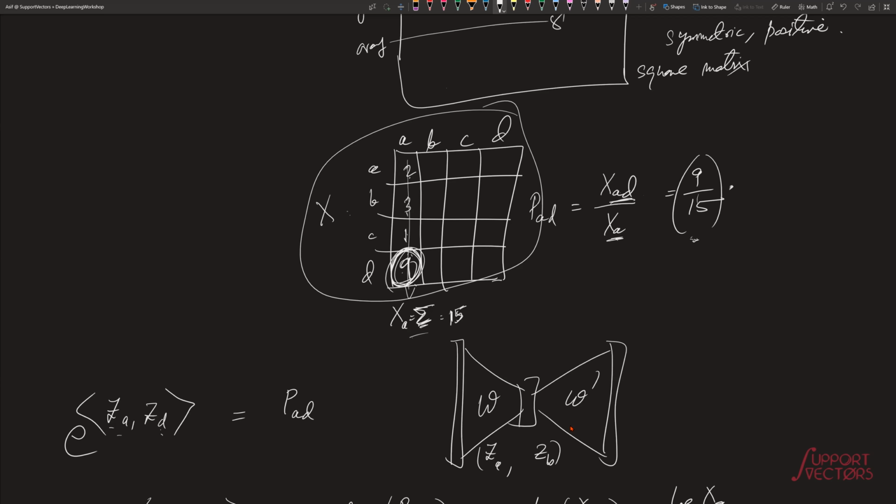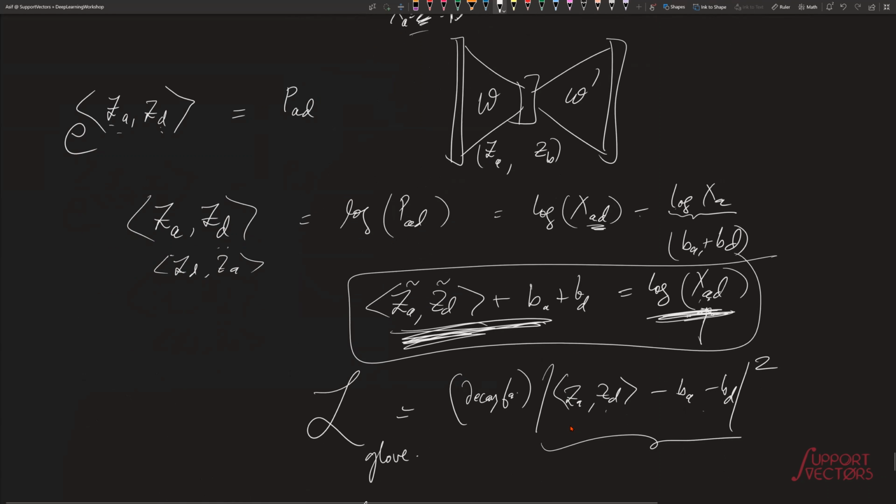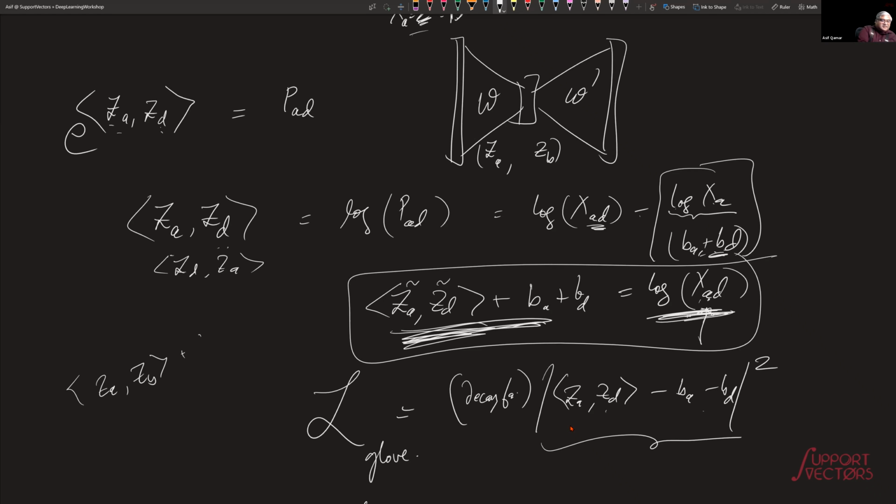I'm talking about that minus BA minus BD. This is a technicality, why log X_AD is broken up into these two parts. There's a cute little argument. Ignore it. When you see BA, BD, imagine you're not seeing it at all. The whole argument is far more intuitive if you look at ZA, ZD, plus something, up to a constant.